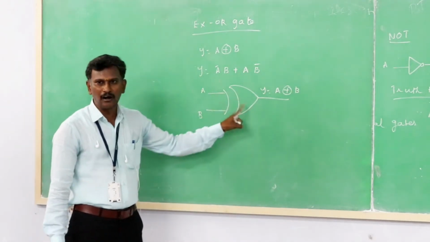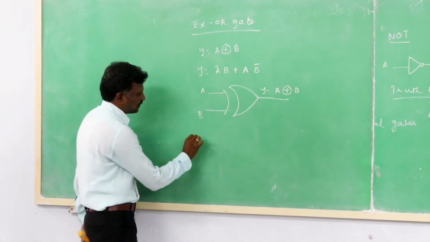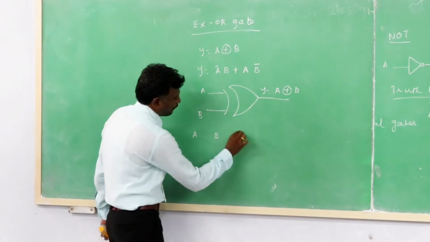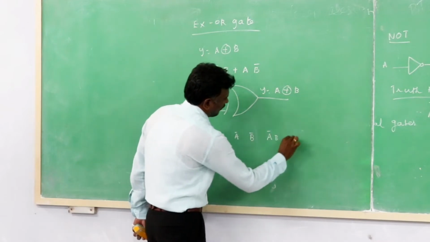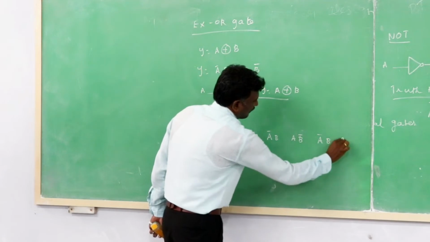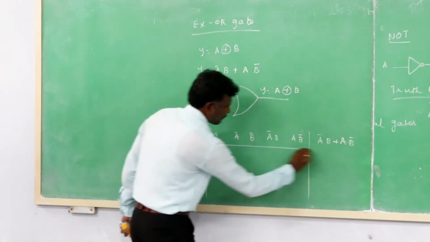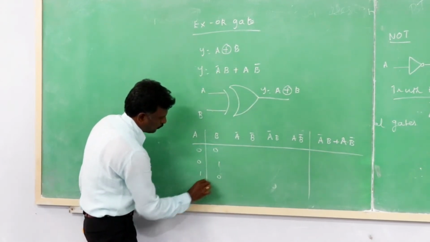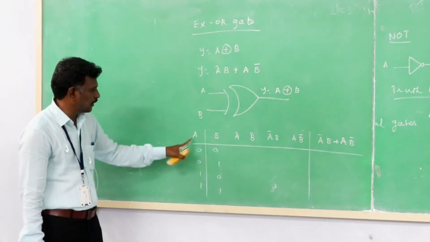Now we can write the truth table for the exclusive OR gate: A, B, A bar, B bar, A bar B, A B bar, and A bar B plus A B bar. The two inputs are 0 0, 0 1, 1 0, 1 1, all the possible combinations.